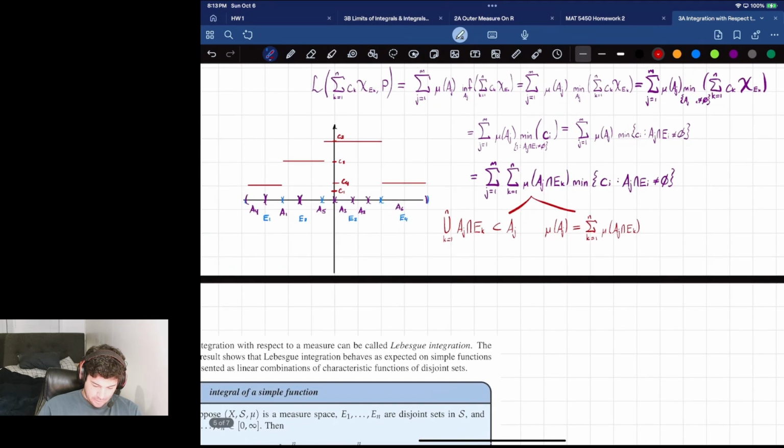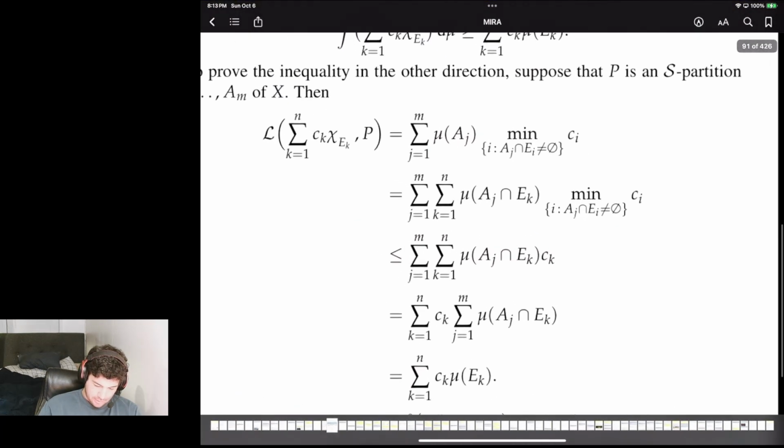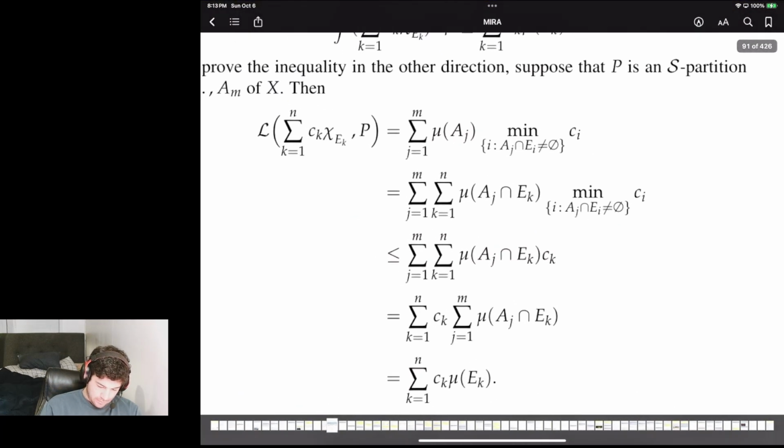And then what do we have next? The next thing is, so we have N on the inside. That's where I made the substitution. And that's less than or equal to this becoming CK.